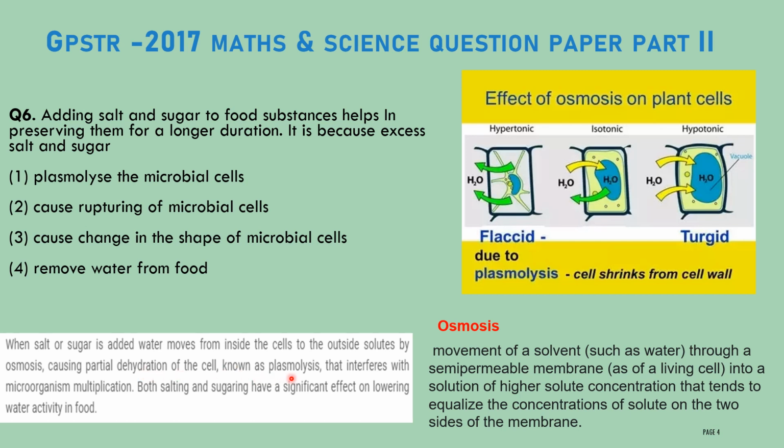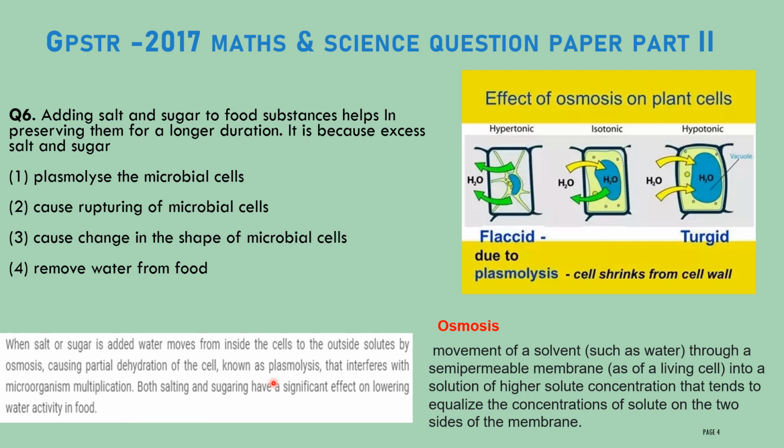This process is known as plasmolysis. Plasmolysis is when you add sugar or salt to a particular food, and the water comes out because of the change in concentration of the solute.